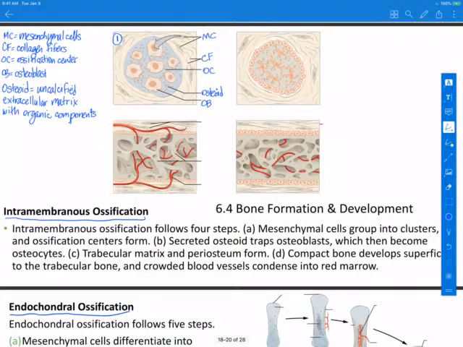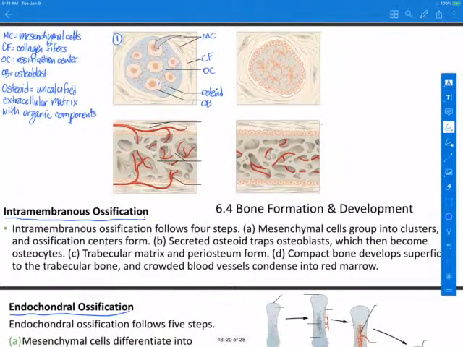An ossification center is where bone first develops. That's represented by OC, shown in the blue. This whole circular area, this big blue circle, is the ossification center. Osteoid are these little orange dots. Osteoid is uncalcified extracellular matrix, but it includes organic components like protein, fibers, and cells. And then OB represents osteoblasts. So these are the active immature cells that are secreting ground substance.